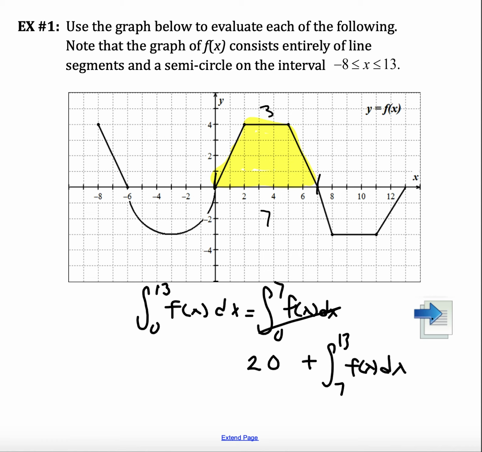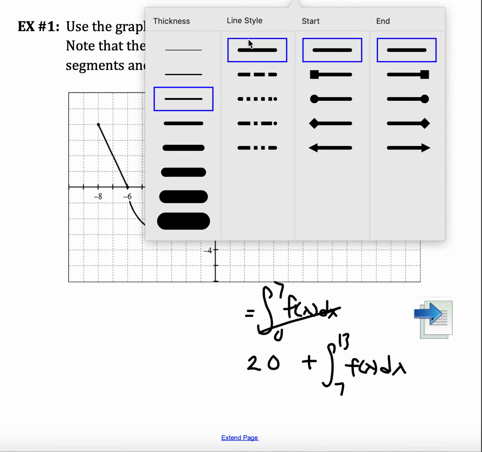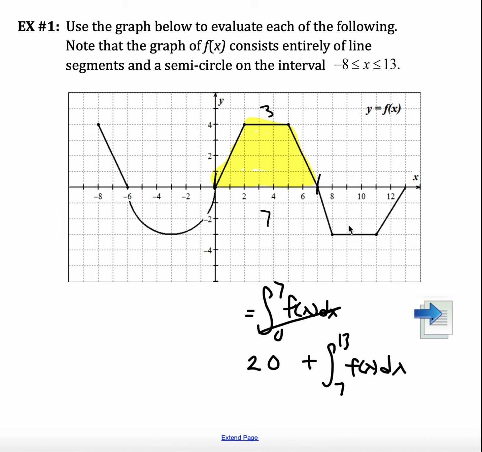Now this integral, because it's below the x-axis, we're not going to make it a negative integral, but we're going to express the area as a negative. So same thing, I have a trapezoid. This base is 3. This base is 1, 2, 3, 4, 5, 6.